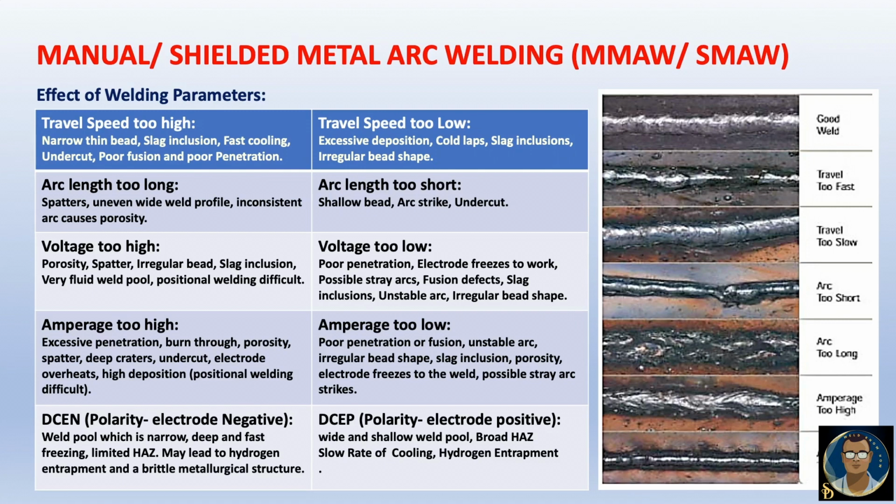You can see some photographs on the right hand side showing some effects. All of these photos have been taken from Google to use as my education aid. Friends, you can go through this slide to see the effects of welding parameters and polarities on SMAW or stick welding.